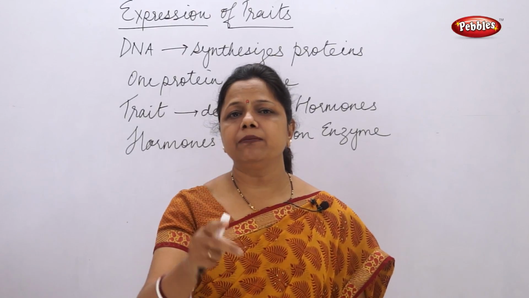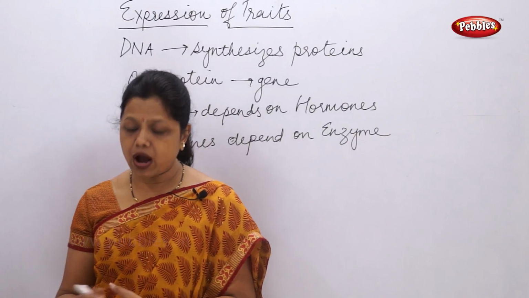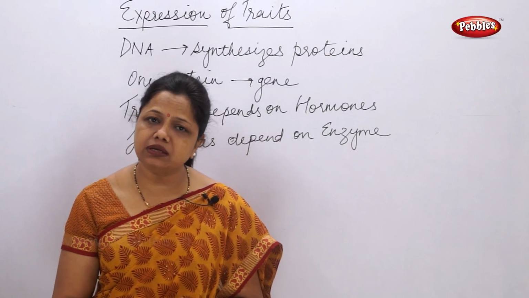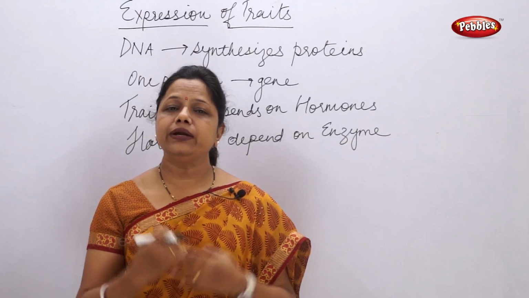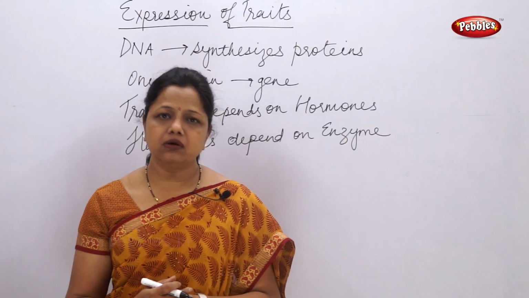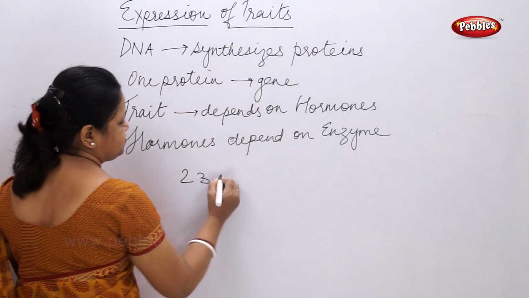We are going to study this again in the case of how sex determination takes place in human beings. Now human beings have 23 pairs of chromosomes. You all know human beings have 23 pairs of chromosomes.